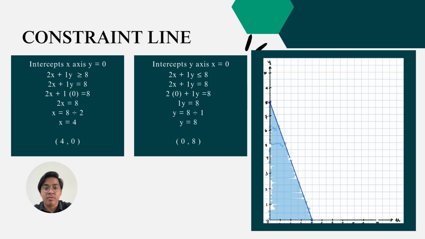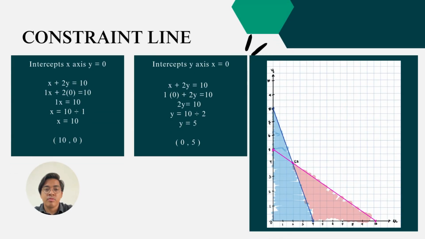On the right side of the slide, you can see the graph with the line connecting (4, 0) and (0, 8). The shaded blue region shows the area that satisfies the inequality 2x plus y is greater than or equal to 8. All the points in this region make the inequality true, and this becomes part of our feasible region when solving the linear programming problem.